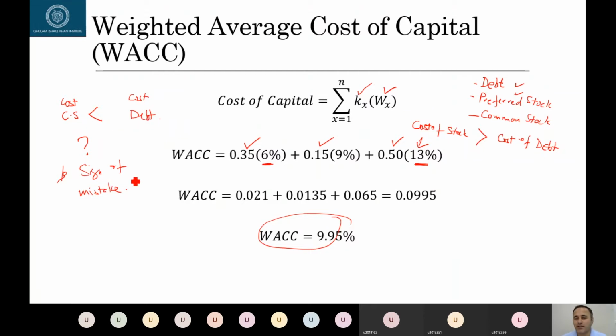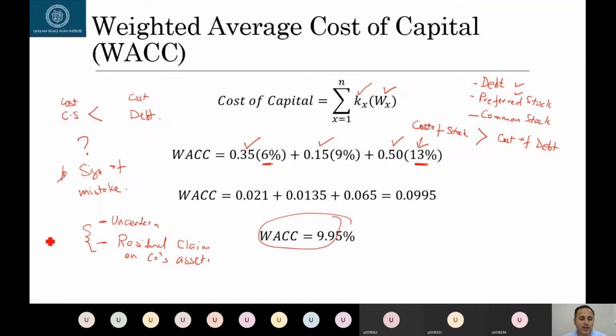Go back. As I told you in one of my lectures, the cost of common equity is more because, one, the cash flows are uncertain for common stock, and number two, they have a residual claim on the company's assets.